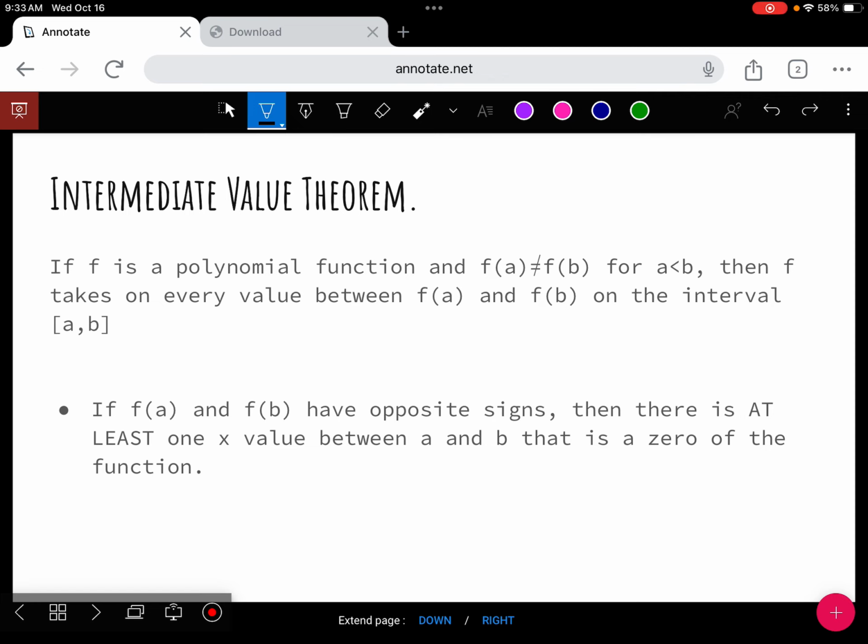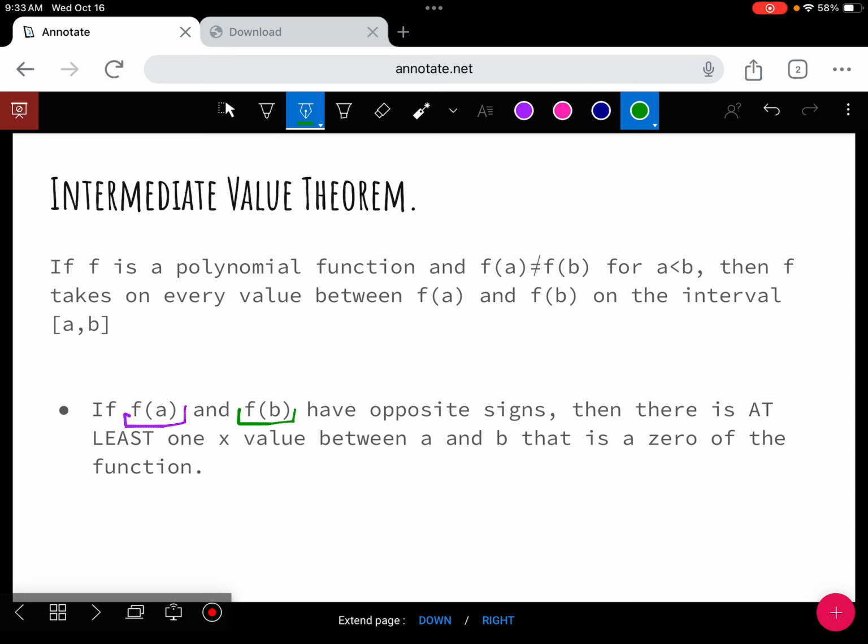And the way we use this is if f of a, my y value at a, and my y value at b have opposite signs, meaning one is positive and one is negative, then somewhere between a and b, there is a root.